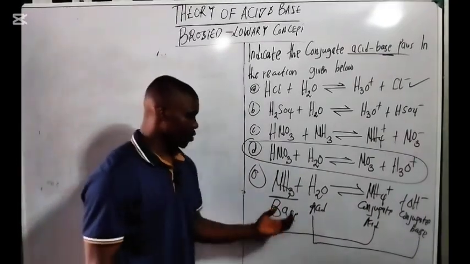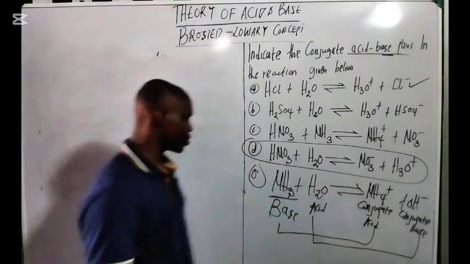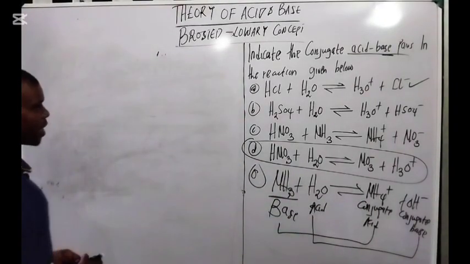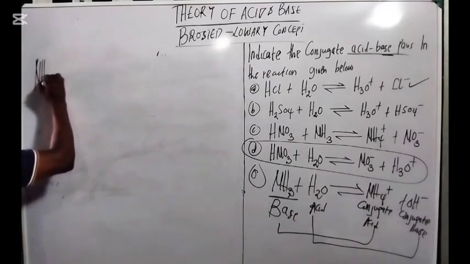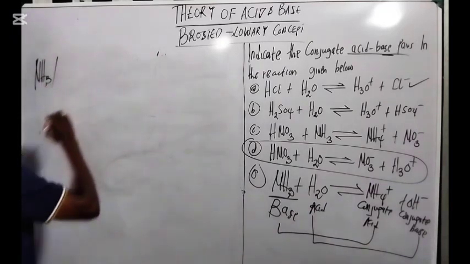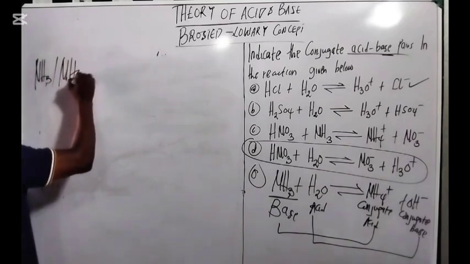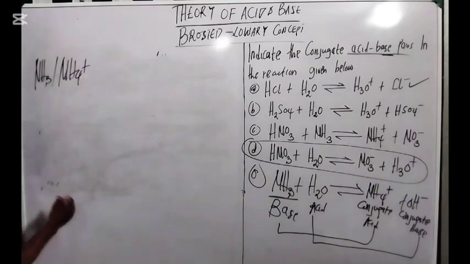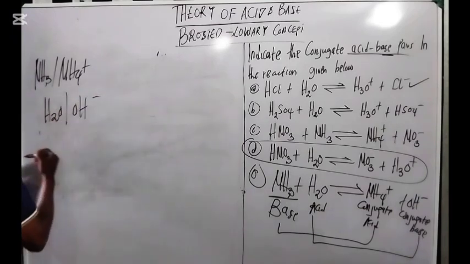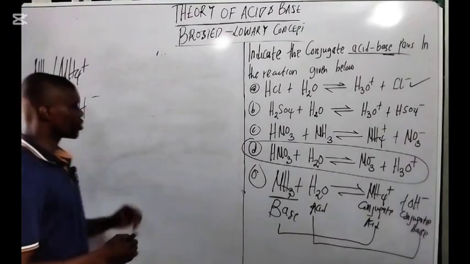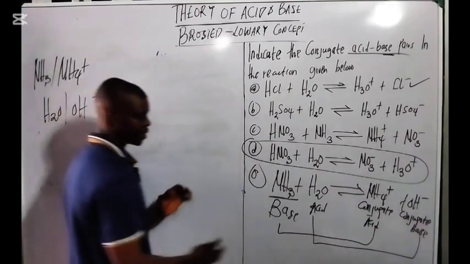So the conjugate acid base pairs are NH3 slash NH4 plus, and H2O slash OH minus. So they are called conjugate acid base pairs.